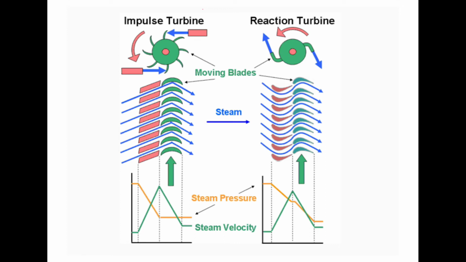If you see the guided plate, the steam pressure is dropped out of the total pressure, and then again it drops towards the exit of the rotor blade. This is the basic difference between impulse turbine and reaction turbine: steam pressure and steam velocity.